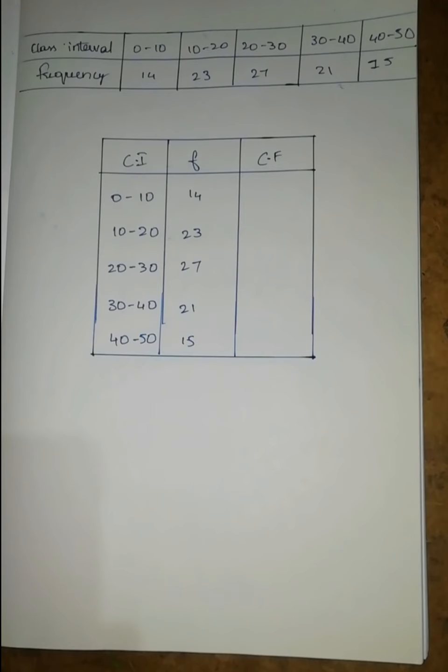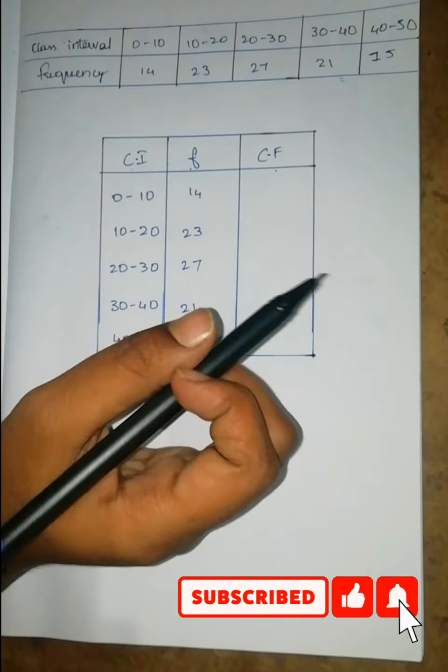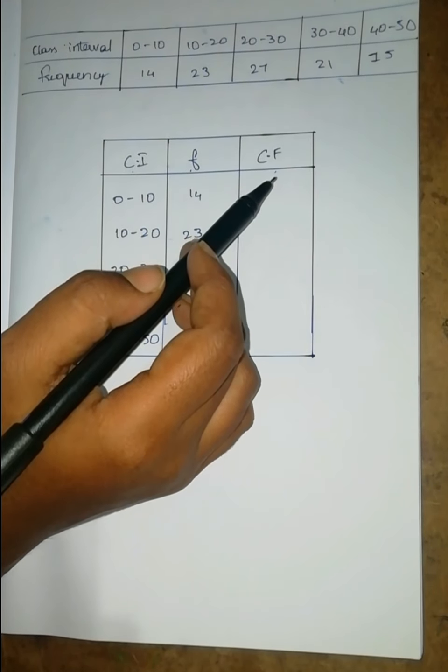First step, we have to find out the cumulative frequency. So here we have already written class interval and frequency, and the last column is cumulative frequency.